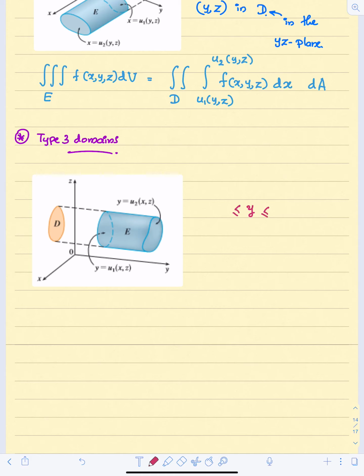The right surface is u2 of x comma z, and the left one is u1 of x comma z. And then what we do is we project this solid E onto a domain D, and your x and z values are in D. And your domain D is on the xz plane.